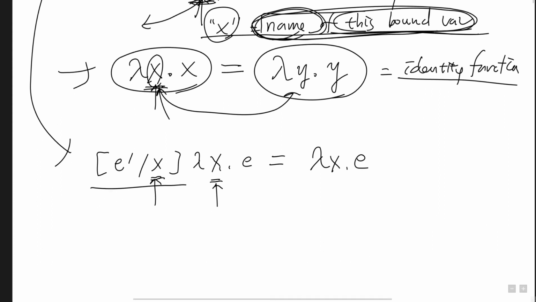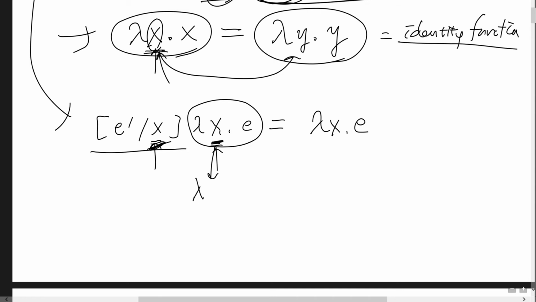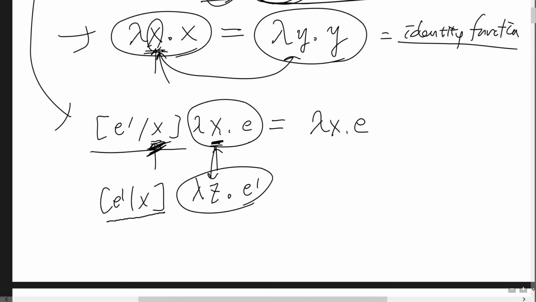So why is that? Well, intuitively, we may choose to rename the bounded variable x into something completely unrelated to variable x. So for example, something like lambda z dot E prime. Inside this expression, there is no variable x. Then it's pretty easy to see this has no effect because this variable x has disappeared inside this expression completely.